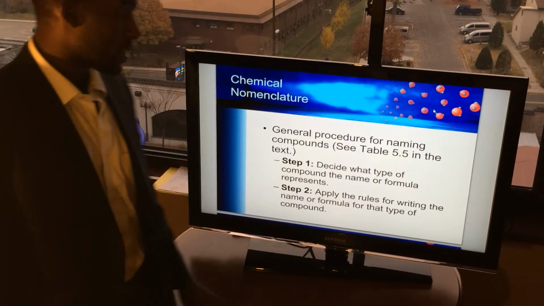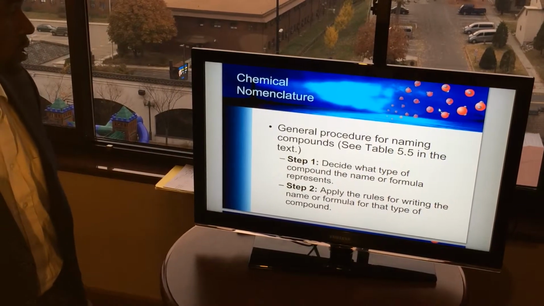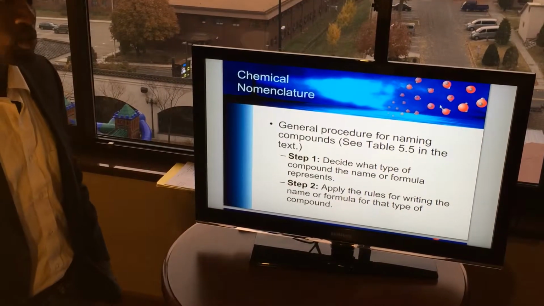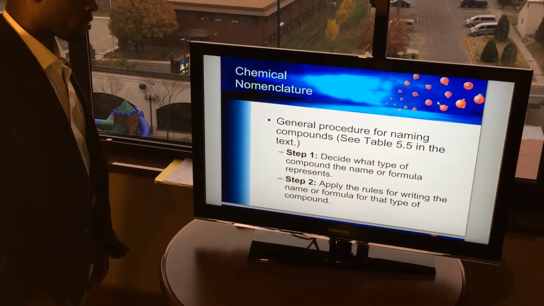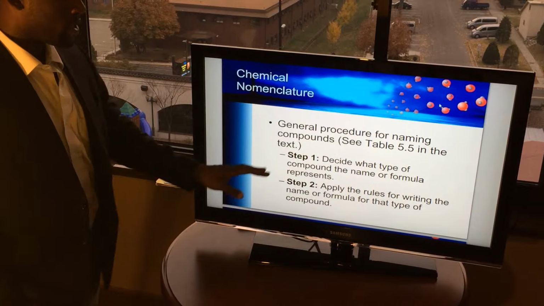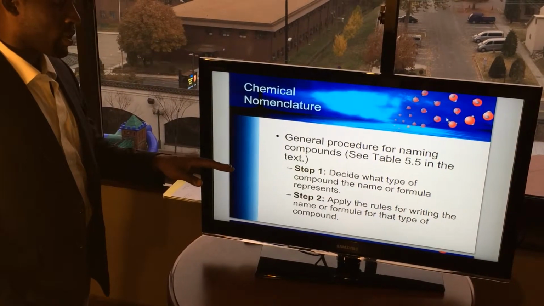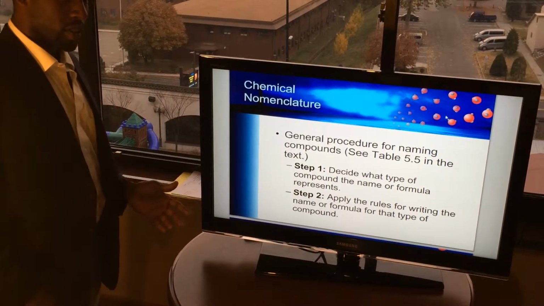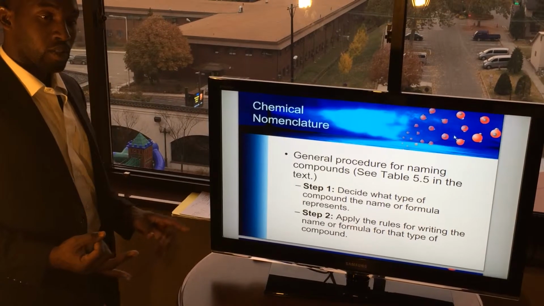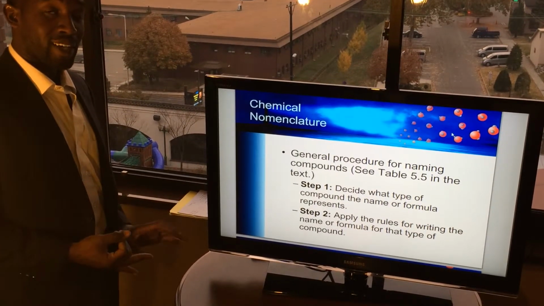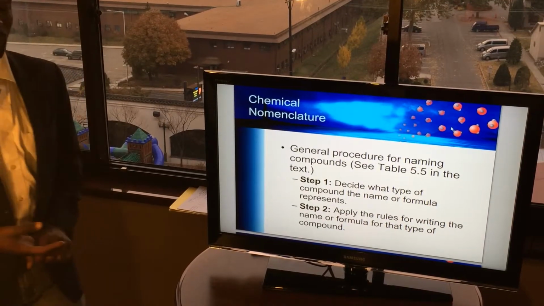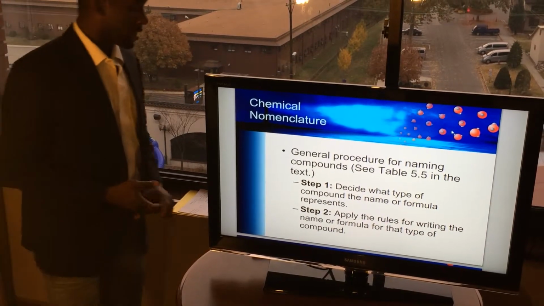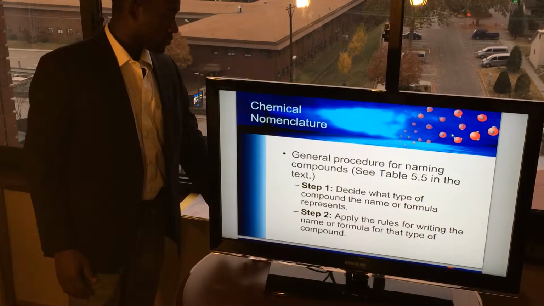So, chemical nomenclature. For the general procedure for naming compounds, you need to look back at chapter 5, at table 5.5. You need to basically decide what type of compound the name or formula represents. If you have an ionic compound, it's going to be different from an acid, from a binary acid, and that's going to be different from a binary covalent compound.